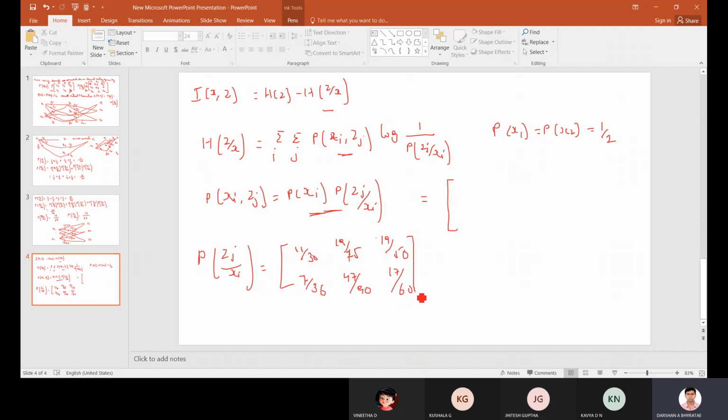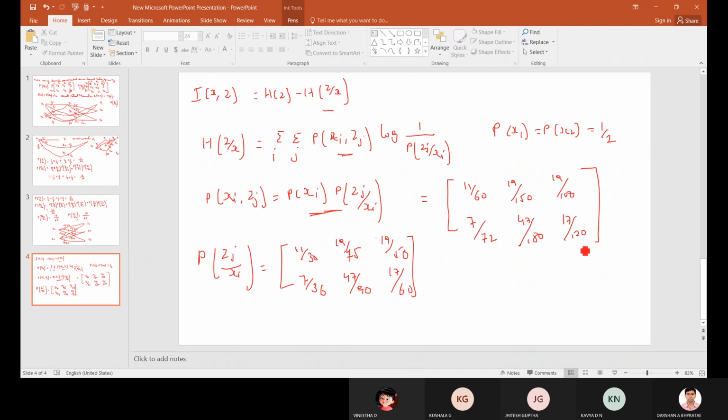This is the conditional probability matrix. We just have to multiply all of this by 1 by 2. It becomes 11 by 60, 19 by 150, and 19 by 100, and 7 by 72, 47 by 180, and 17 by 120.